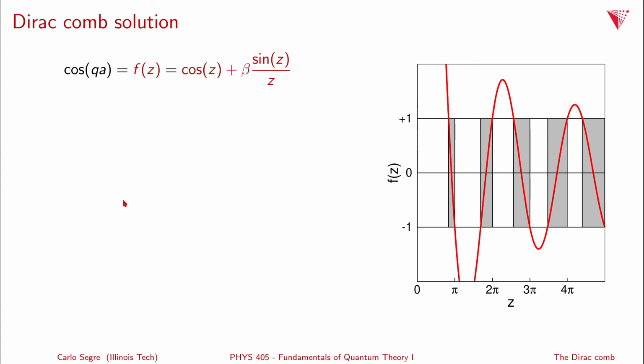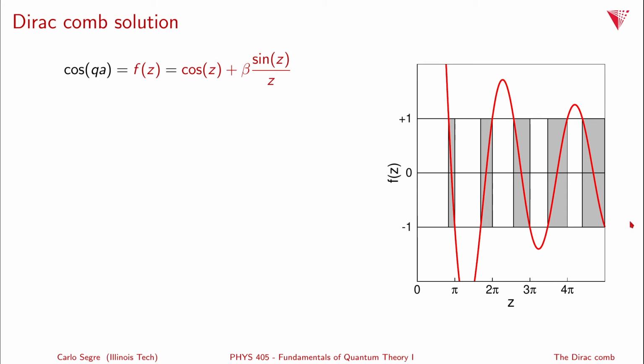If we now plot the red function, we see that it's an oscillation that decays as you go out in Z. As you go out to Z equals infinity, this will be limited by cosine of Z. This term will go away. This term will be the limiting term. So at Z very, very large, this is just going to be cosine of Z. So it's going to oscillate between 1 and minus 1. The cosine Qa on the other side is bounded by plus and minus 1 always.